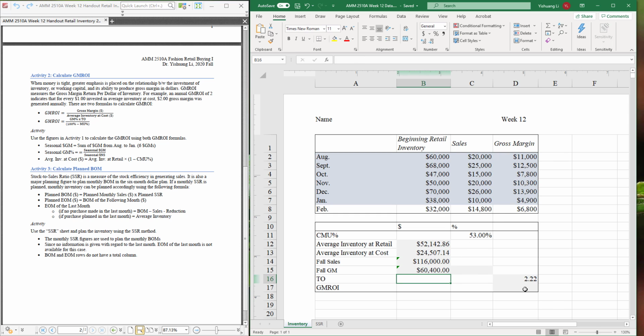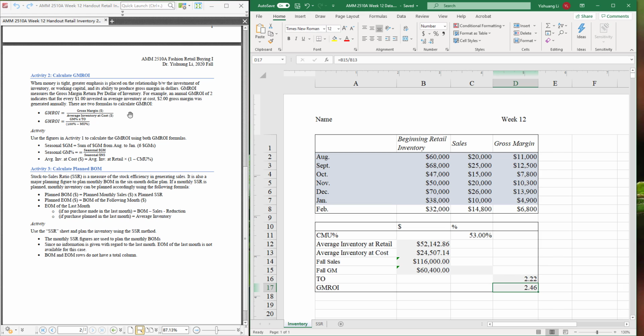And now we should be able to get gross margin over inventory at cost. And this number is not a dollar number, it is not a percentage number either. So we put this number into a third column.